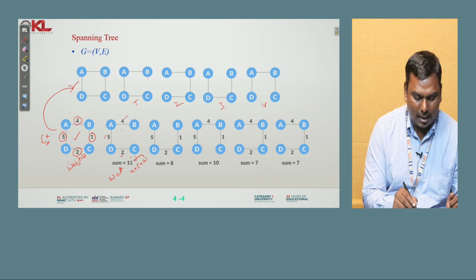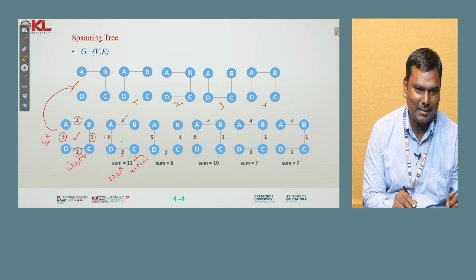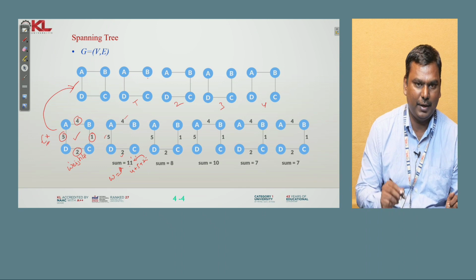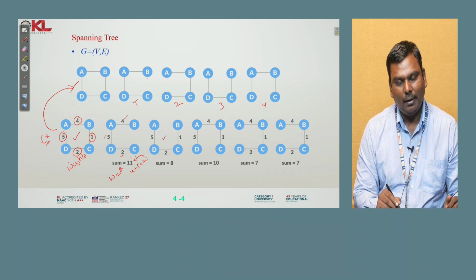So based upon this tree without a loop, the total weight is 11. Now the second tree.